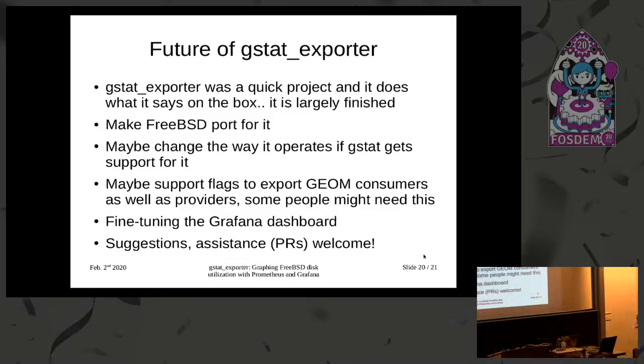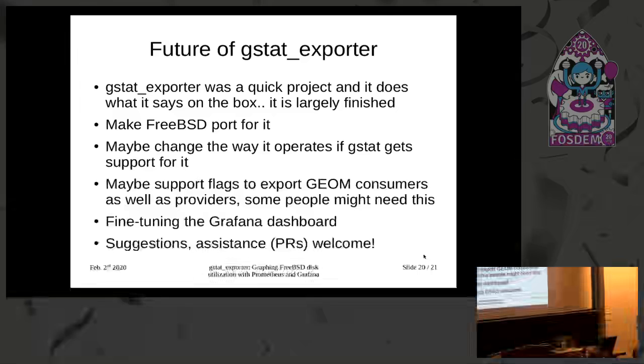If gstat gets support for outputting just a line and then exiting, I'll probably change the way it calls gstat, so it doesn't keep it running perpetually, but just calls it when it is scraped. And maybe I could add flags to support it if there's a need.